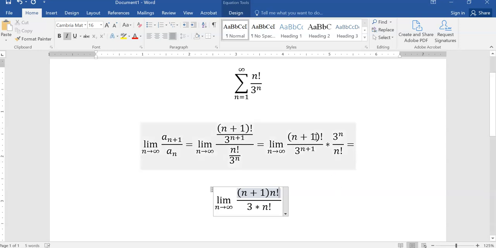So n plus 1 factorial is n plus 1 times n factorial. So now we can cancel out an n factorial from both the top and the bottom.